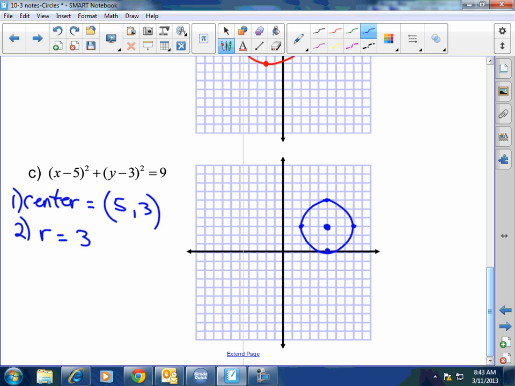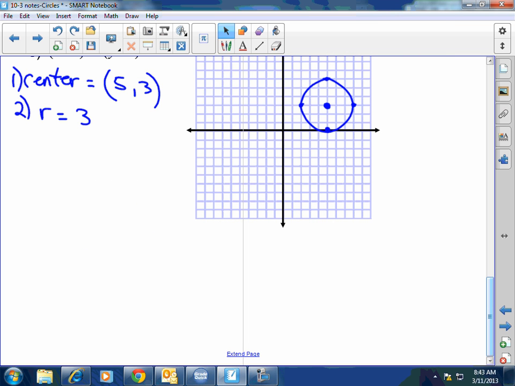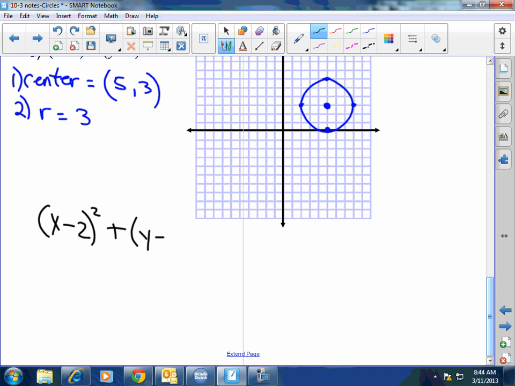No, they're not always going to be this pretty. They could be ugly. Let's say I give you (x - 2)^2 + (y + 4)^2 = 13.